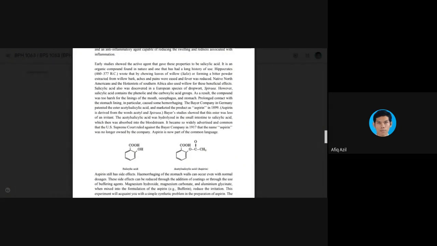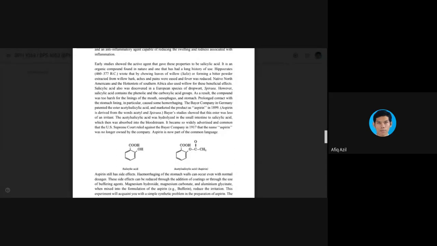Originally, salicylic acid also has the same curative properties, in that it can be used as an analgesic, but it also has some side effects, because being an acid, it results in some patients having gastritis as well.